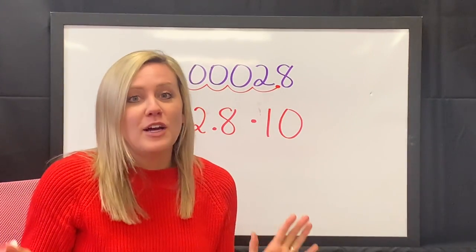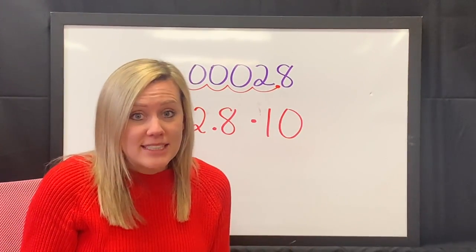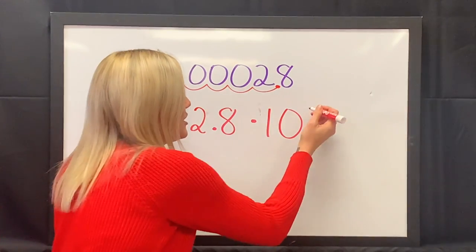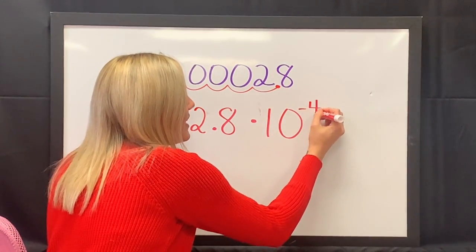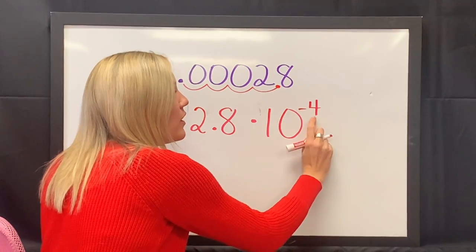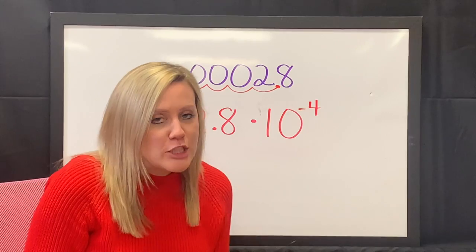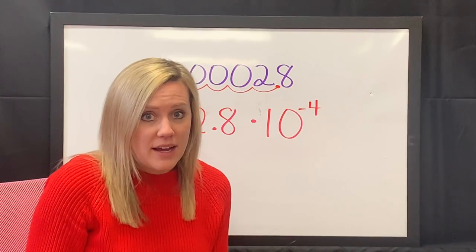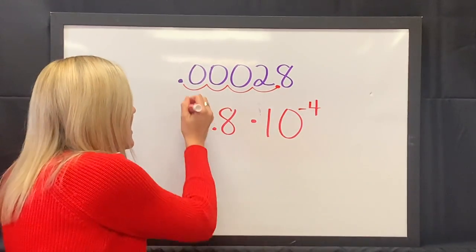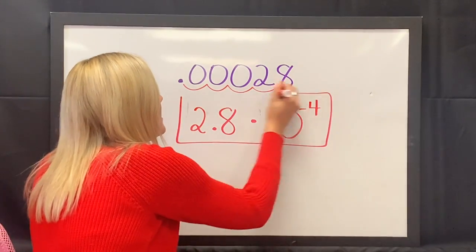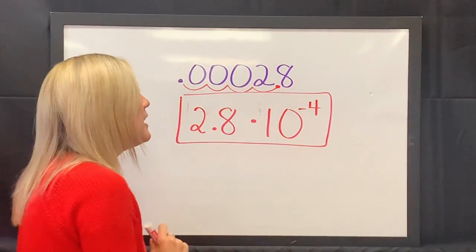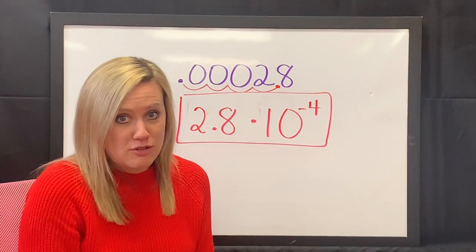Now, when you divide by 10, that can actually be written like this, -4. This negative in the exponent actually means divided by. So this is how you would write this teeny tiny number in scientific notation.